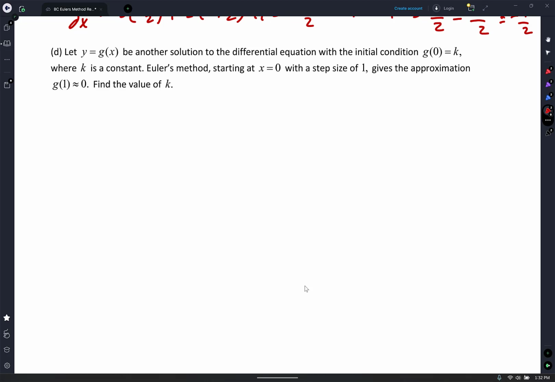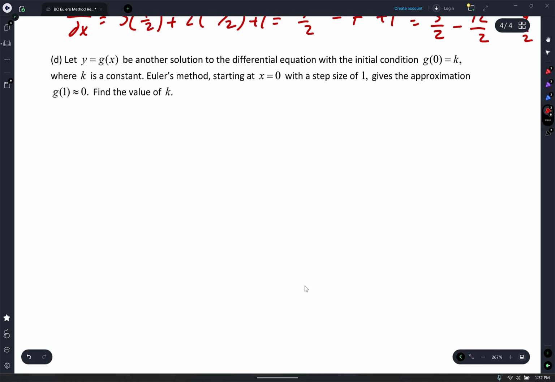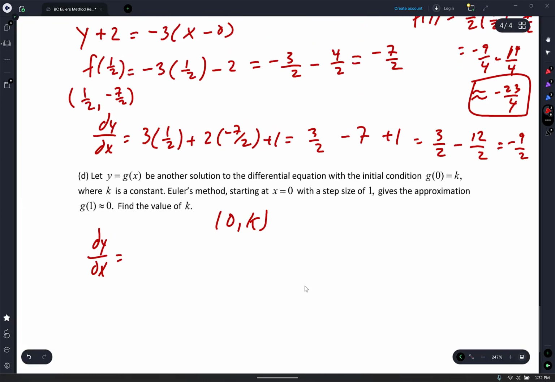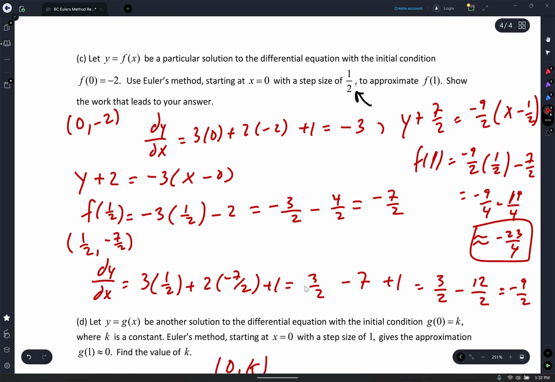You got an answer? I'm just going to start it, but I'm not going to finish it. Let's see. The initial point is 0, k, so that k is my y value with a step size of 1. Okay, so dy dx equals, let me get it from over here. You're still using the same differential equation because it's still a solution.